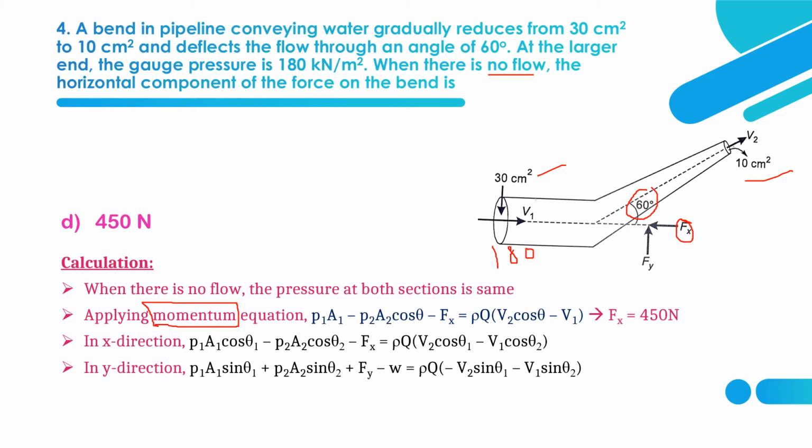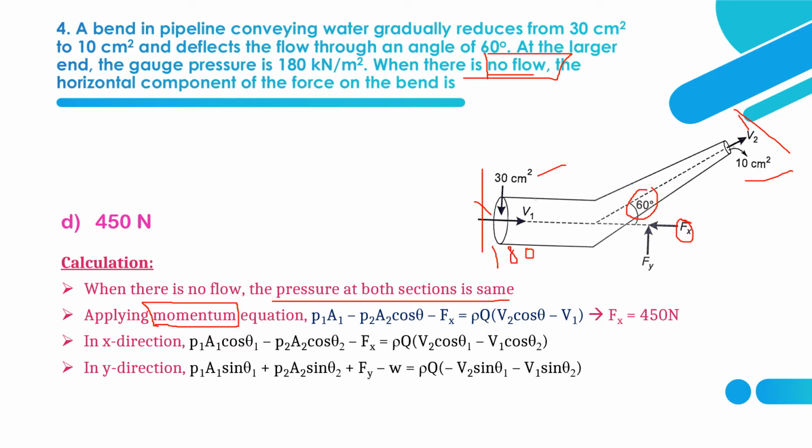So when there is no flow, pressure at both the ends is the same. So pressure at this end and this end shall be the same when there is no flow, because they have given the condition no flow.